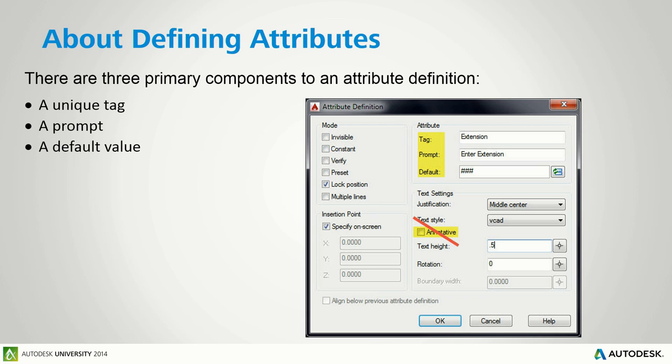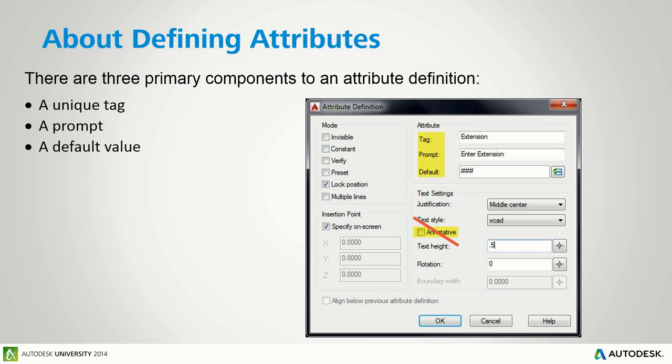Just like anything else, you should have a unique style for your attributes for a text style. Okay, using standard, if I insert my block into another drawing and had standard assigned as a style, and somebody in their drawing had defined standard as, say, oh, I don't know, a real elaborate font, you know, Gothic or something like that, all of a sudden my block is going to show all the information as a Gothic font.